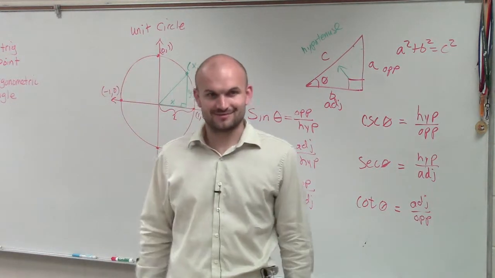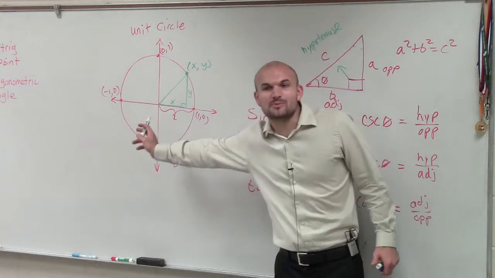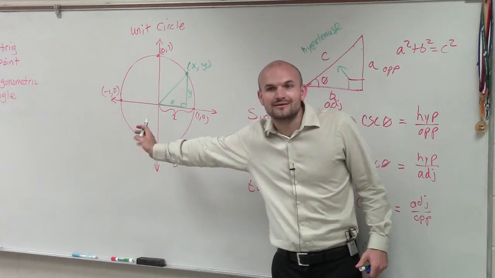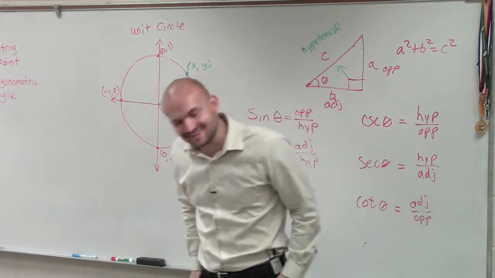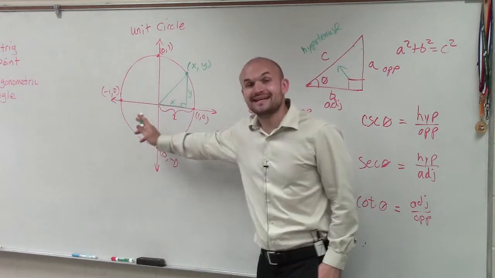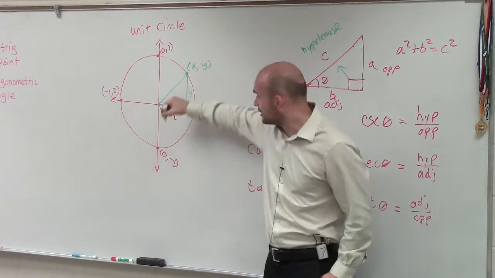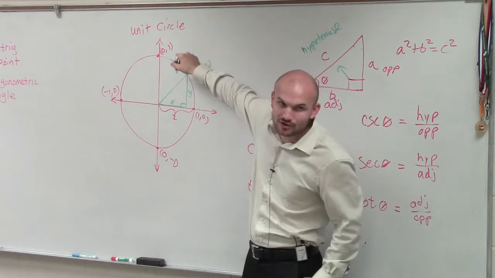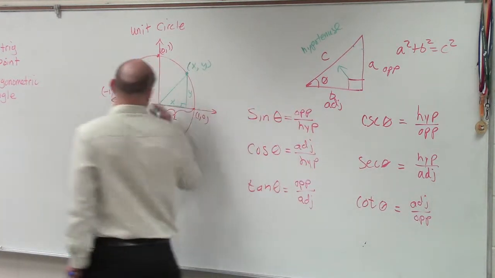Write it down. So, Michael, the radius of the unit circle is what? One. Thank you very much. The radius of the unit circle is 1. OK? So therefore, ladies and gentlemen, if I have a point that's on the circle, the distance from the origin to that point is also going to be 1.